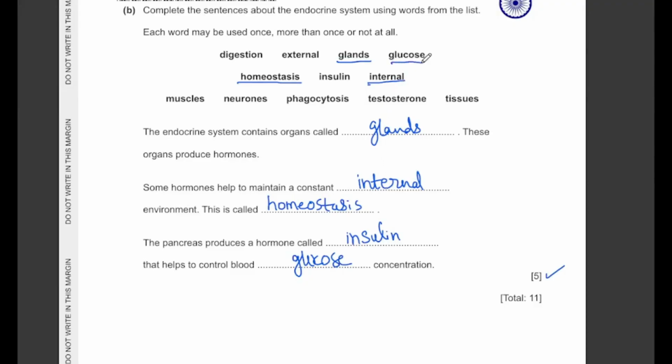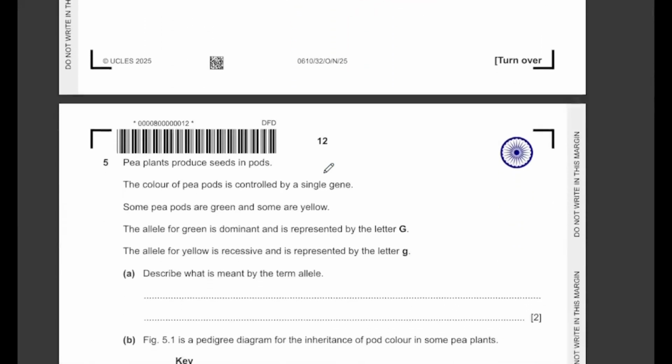We have used the word glucose, and the homeostasis and insulin parts. Used once, more than once, or not at all, so you have to be very careful, read the fill in the blanks properly, and try to get the correct answer. Okay, let's go to the next question.